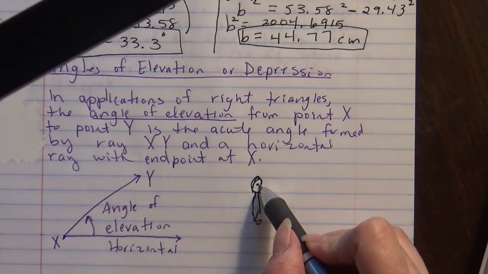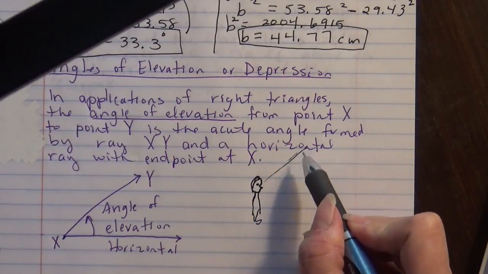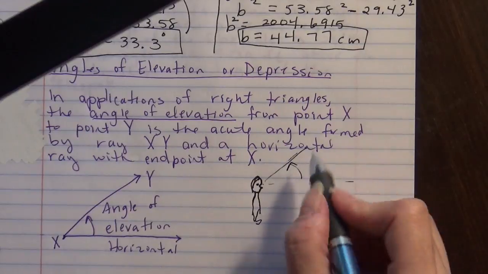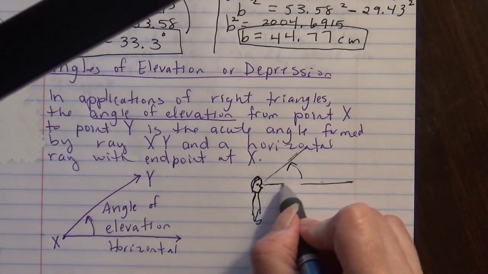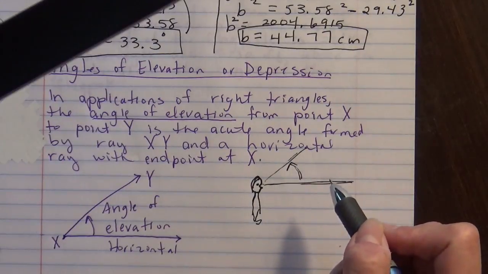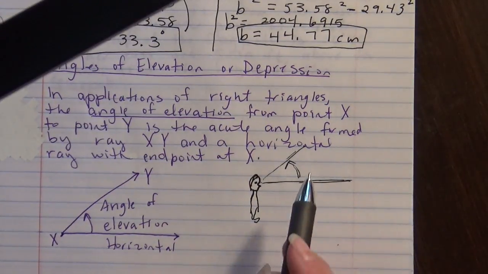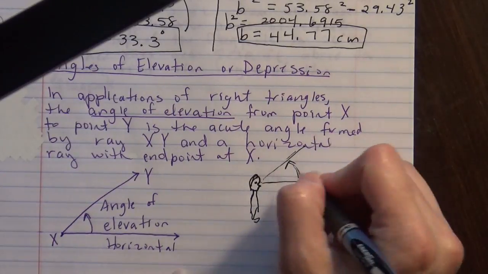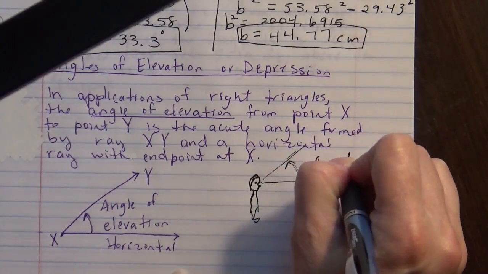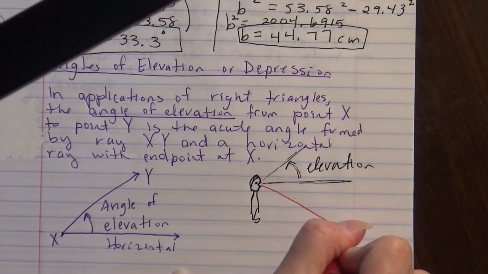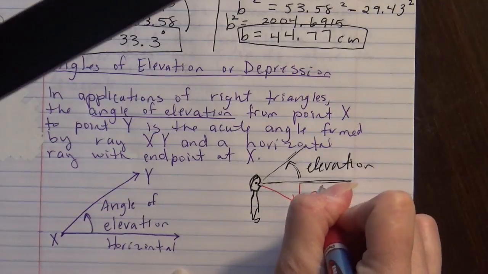If he's looking up like this, and this is his line of sight, this is what we call angle of elevation. It's based on his line of sight. So if he's having to look up, then we have an angle of elevation. If he's having to look down, which I'll do in a different color, this one is called angle of depression.